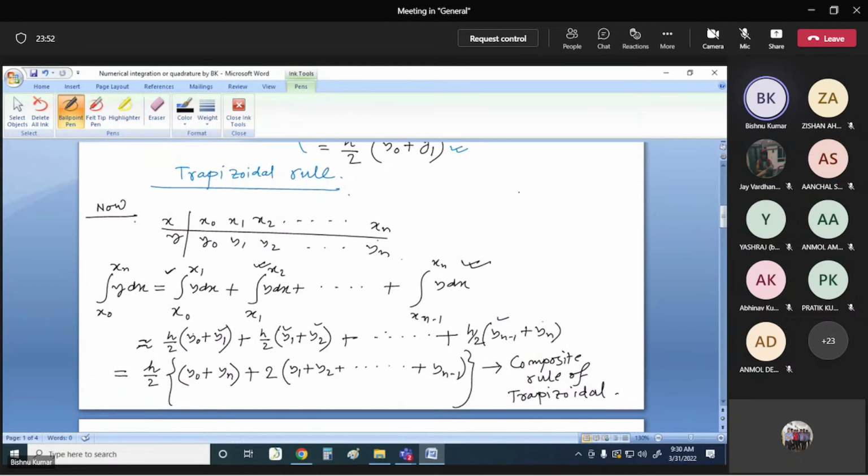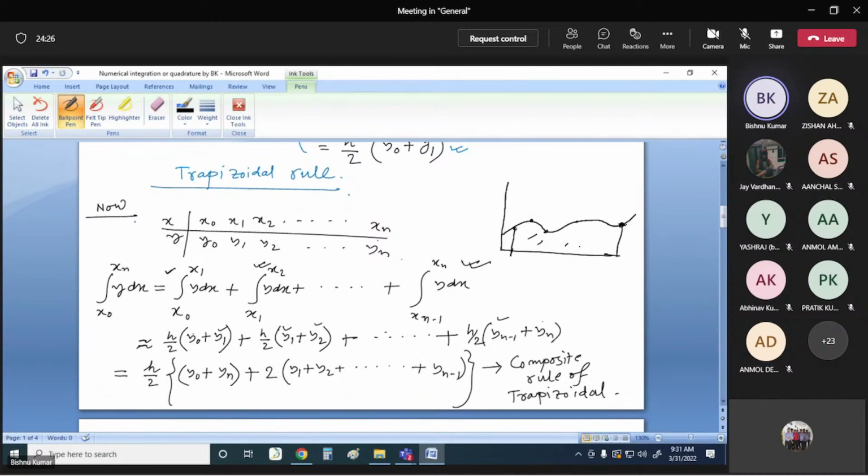Logically, what you are doing is this: you have n points, suppose one point is here, another here, another here. In that way you have n plus 1 points. Passing through these n plus 1 points, you have a curve like this. The area under this curve, along with the two y ordinates and the x axis, is exactly what you are calculating.